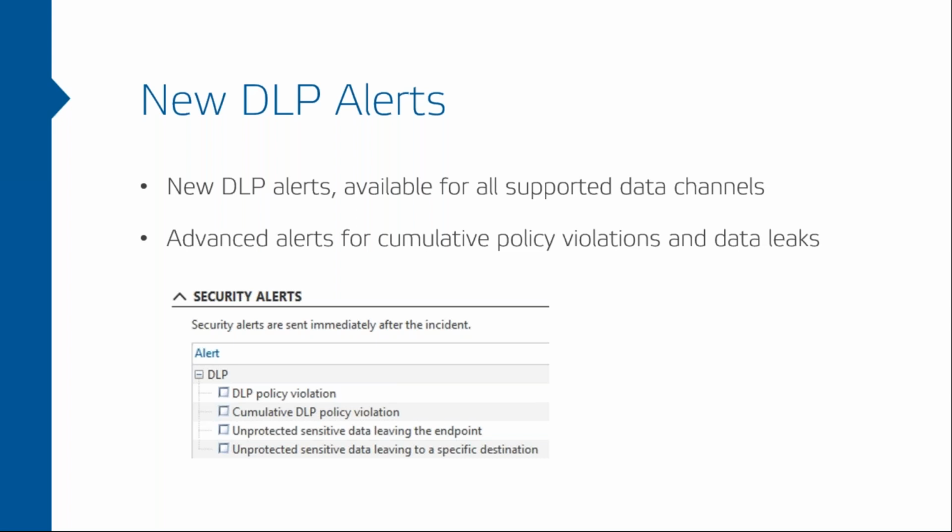So for this, you can use the second alert called cumulative DLP policy violation. And then even for cases where you don't have DLP policy set up, you can use the other two alerts, which allow you to discover to what kind of storages data are leaking in bigger numbers.